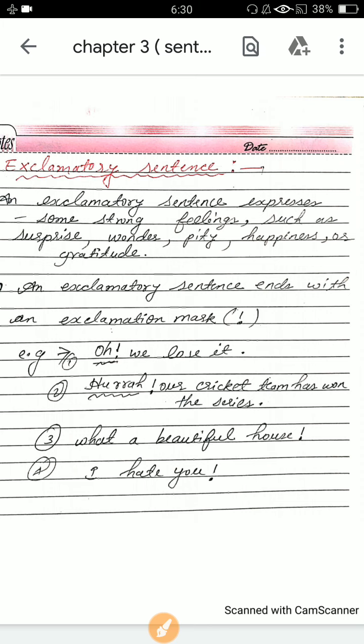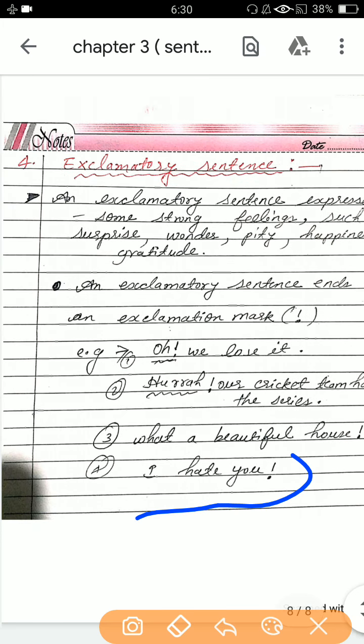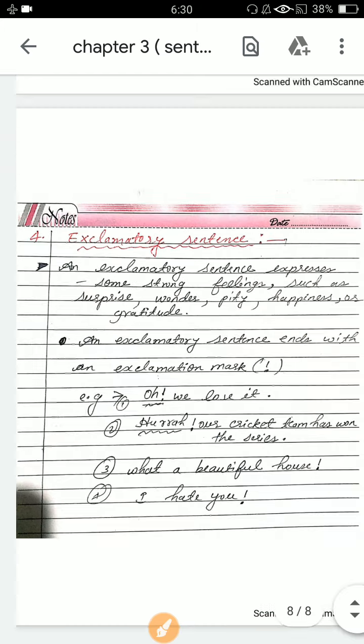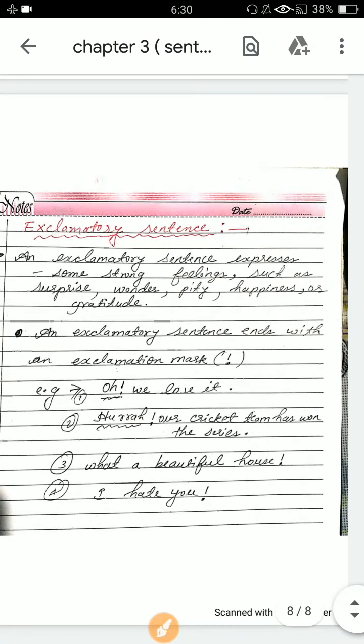This sentence expresses a feeling of hatred, or a feeling of anger. So it is a strong feeling. This type of sentence which expresses strong feelings, surprise, wonder, happiness, is called an exclamatory sentence.